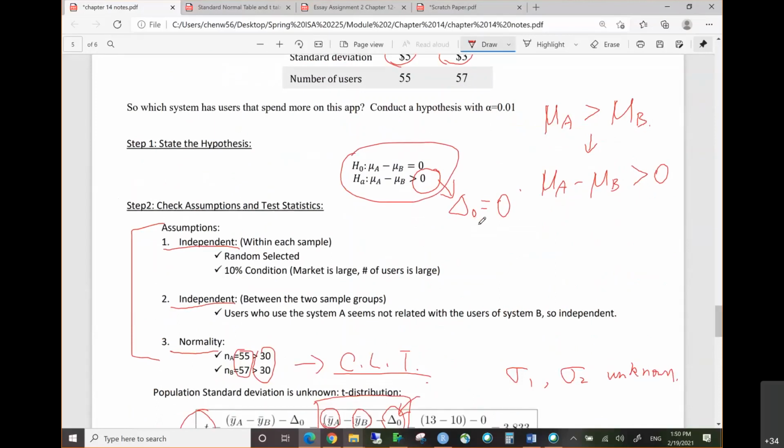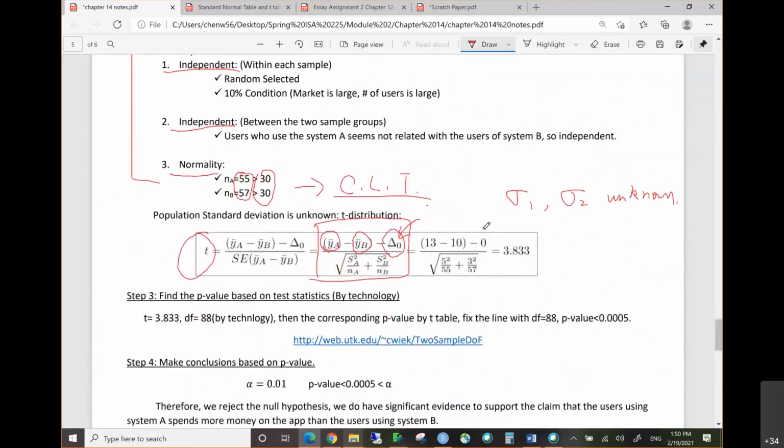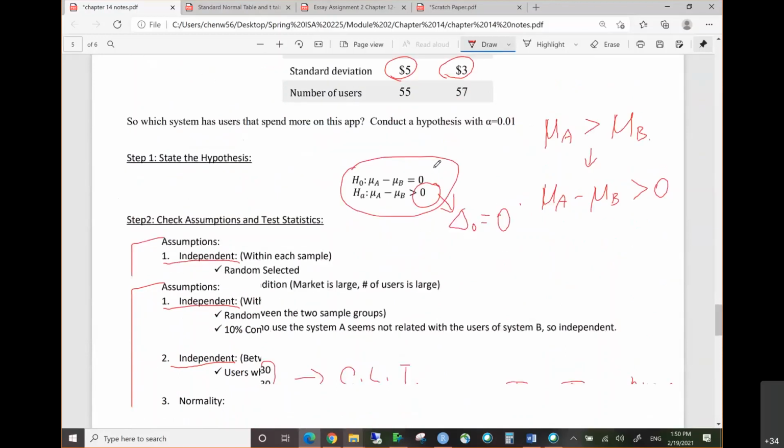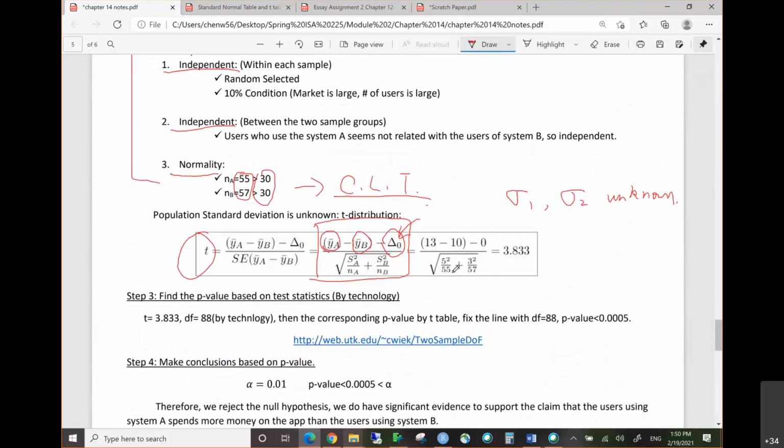So the delta zero is our claimed difference, which is just 0. So just minus 0, divided by the square root of the sample standard deviation 5 squared over sample size 55 plus the sample standard deviation 3 squared over sample size 57.